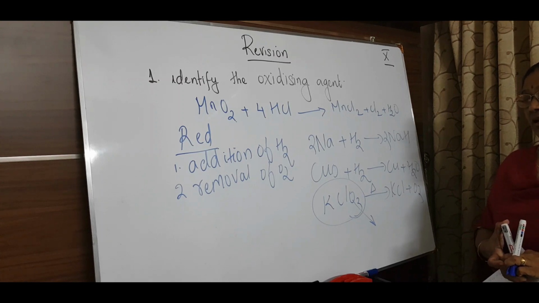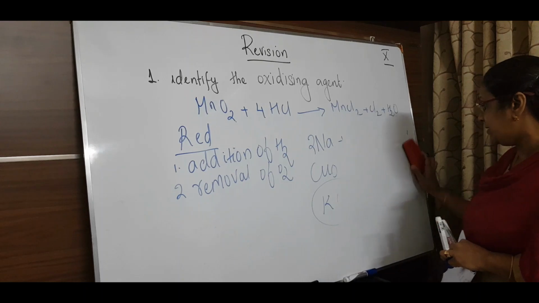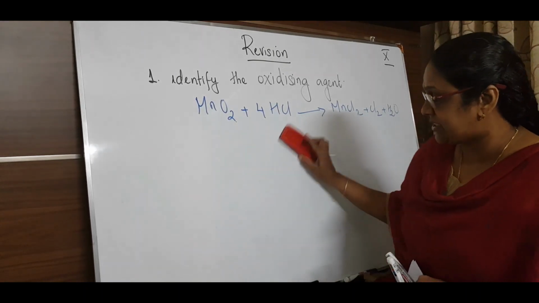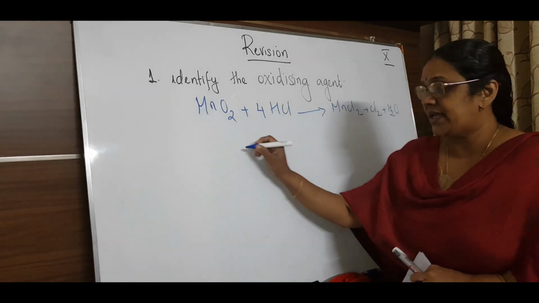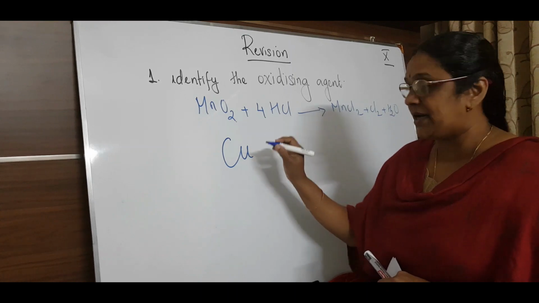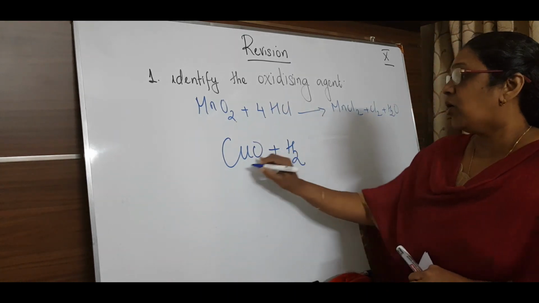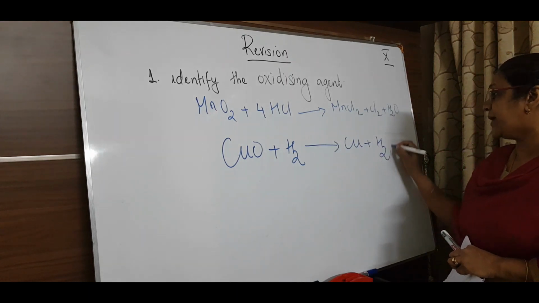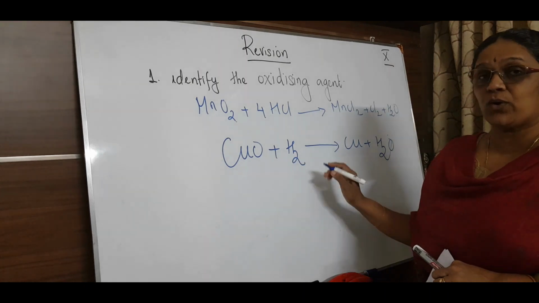You got it? Okay. Now we see a redox reaction. Redox reaction means both oxidation and reduction take place simultaneously in a reaction. For example, copper oxide plus hydrogen will give you copper plus H2O. Now in this equation, what is oxidized and what is reduced?